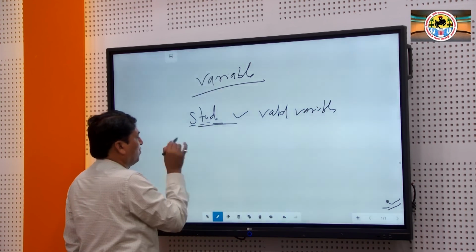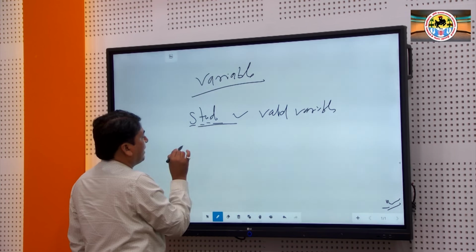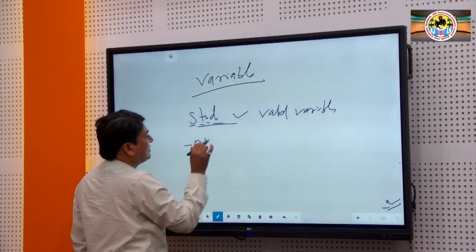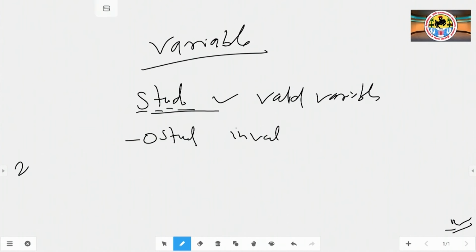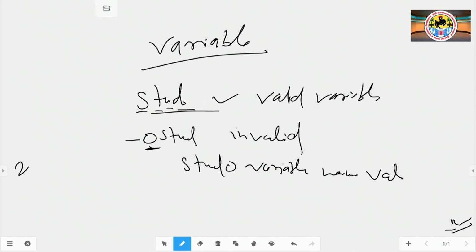Suppose as the first character in the variable name we take a digit, like 0stud. This is invalid, because we have taken 0 as the first character. 0 cannot be the first character in a variable name. It can be like stud0. This is a valid variable name.